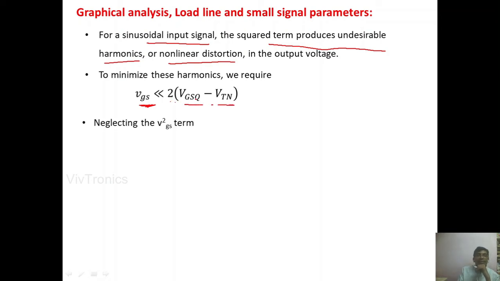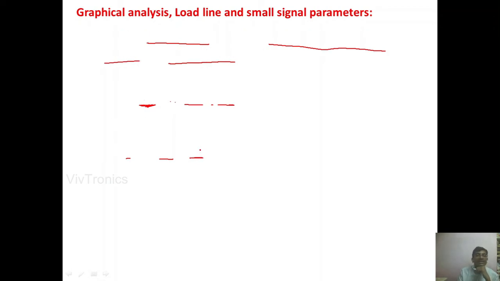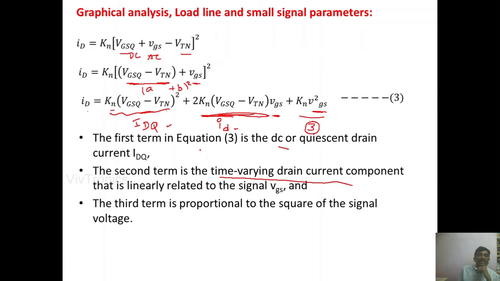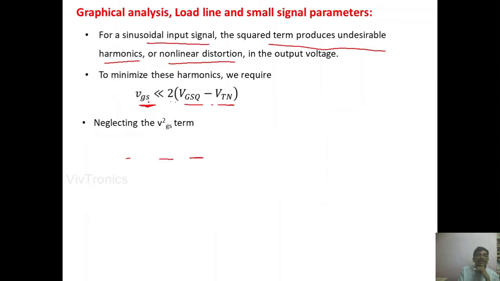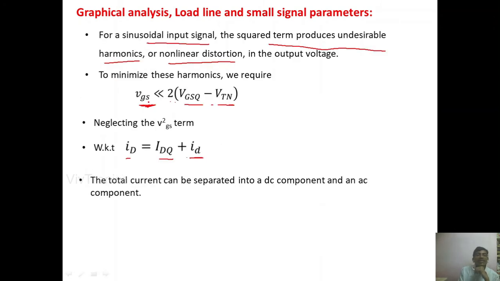So that we can neglect the VGS squared term in the above equation, where the drain current ID is a combination of a DC component plus AC component, so that we can separate the above equation. This equation 3 can be split into the DC equation plus AC equation. The total current can be separated into the DC component and AC component like this.